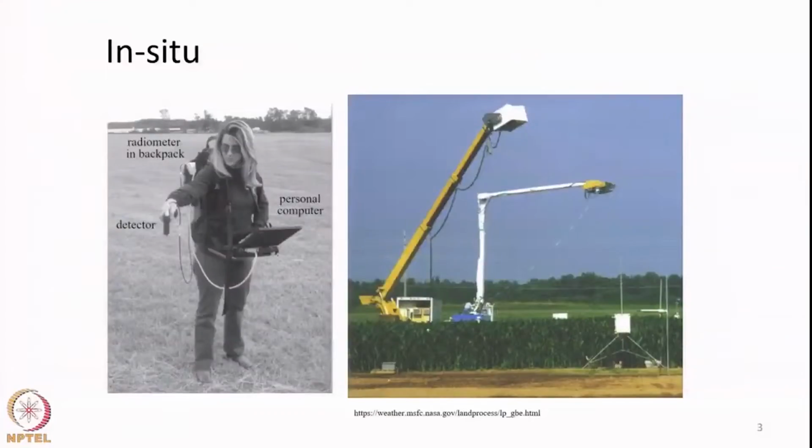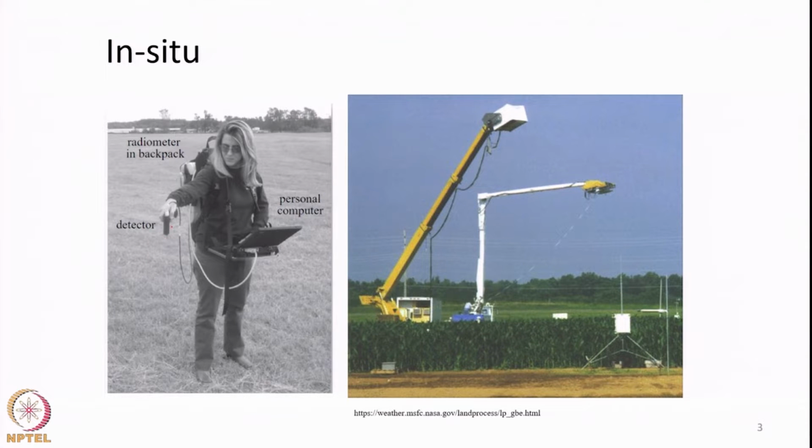The first category of platform that we are going to discuss is the ground based platform or in situ observations. Ground based platforms in general means whatever sensor we carry, we keep it close to the ground. For example, in this slide we have a person collecting data above the field, using a handheld instrument.